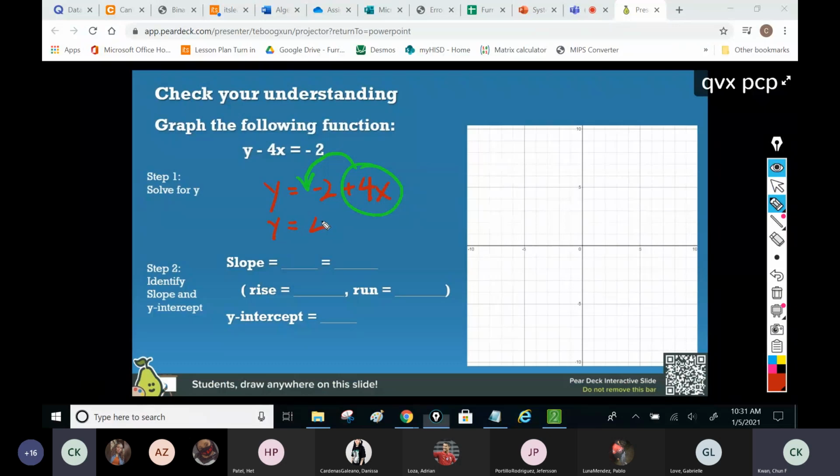So I'm going to get 4x minus 2 instead. All right, they are the exact same thing, right? I just prefer having the 4x in the front and then the 2 in the back. So it's just a good habit to keep to have whatever x is in the front. It's just easier to look at.